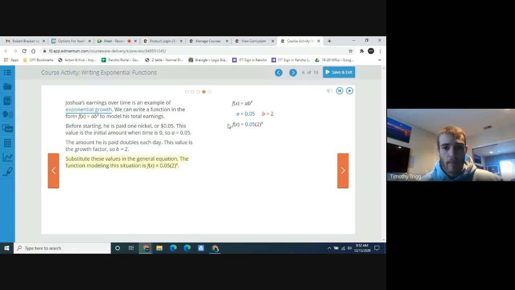And so the function for his growth is this, where x is the number of days. So if you want to figure out how much he earned on the 10th day, you would just replace x with 10 and then work out what that is. If you want to figure out how much he earned on the 13th day, you just replace x with 13, and so on.